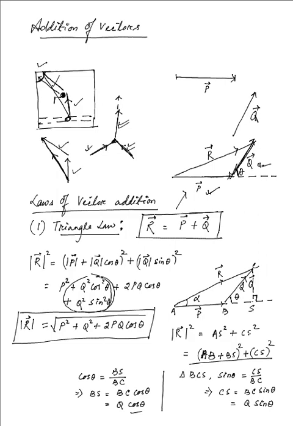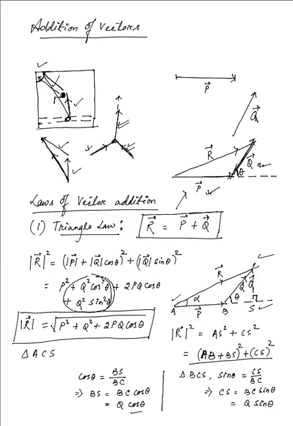So this is the expression for magnitude, but R is a vector quantity, so we need to know the direction as well. Now in case of direction, R is directed at an angle alpha with respect to the P vector. So we can consider another triangle, that is ACS, this entire triangle ACS.